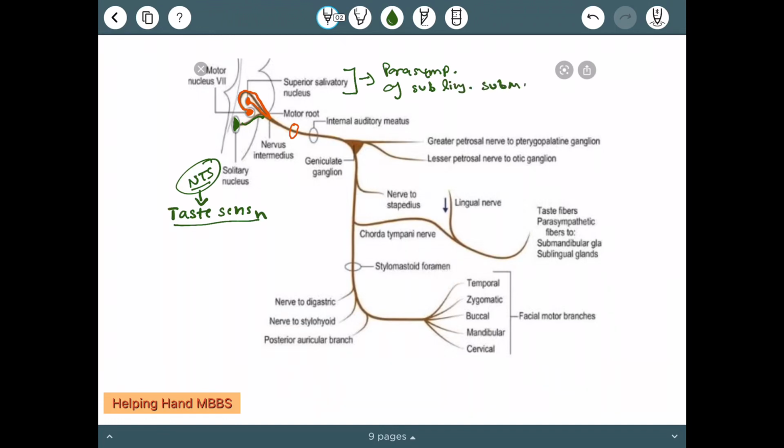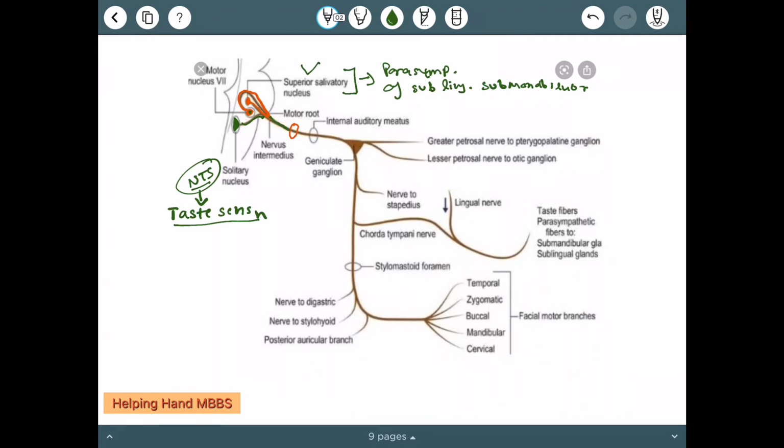You should know this. So 3 fibers enter the facial nerve, that is taste sensation fibers from this NTS, then parasympathetic fibers for the sublingual and submandibular gland from superior salivatory nucleus, and as we have studied that it also supplies the facial muscles, so motor nucleus of 7th nerve also gives branches to this facial nerve. So we have studied the 3 parts. Now let us proceed further.